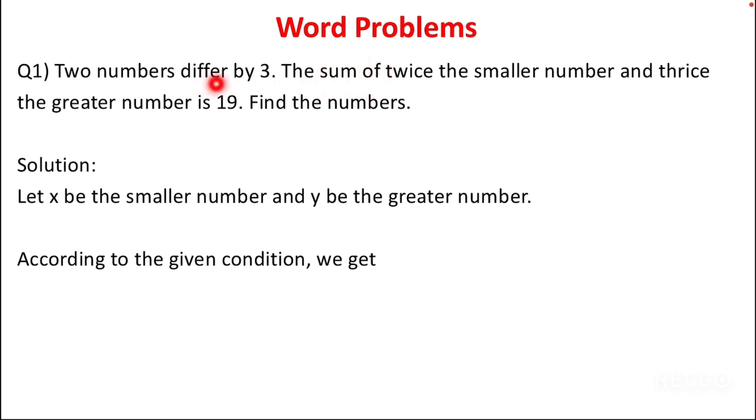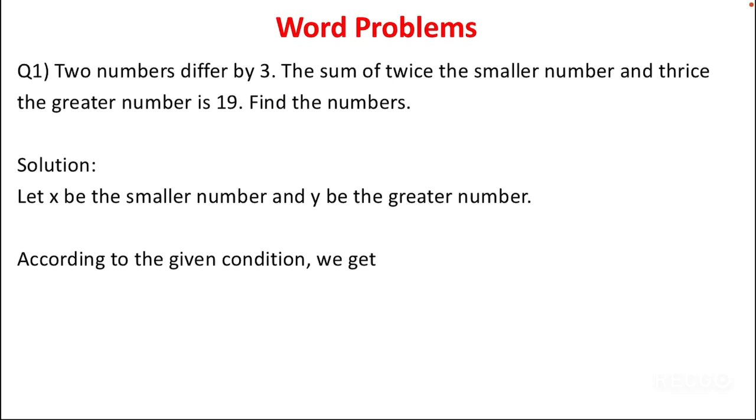If they are giving you differ, it means that subtraction is taking place, and if they are giving you sum, then it means addition is taking place. So over here they have given us differ, and they are saying that the two numbers differ by 3.